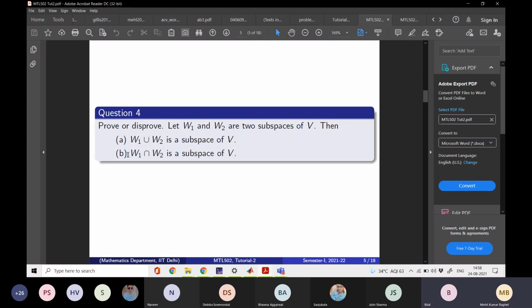So is it clear to everyone? This is easy, right? If you take x and y in W1 intersection W2, you have to show that alpha times x plus y belongs to W1 intersection W2.